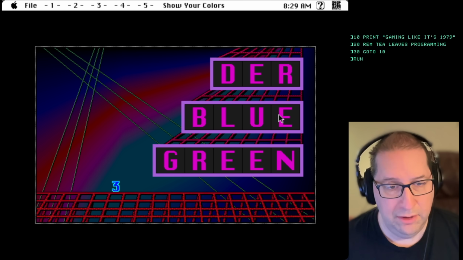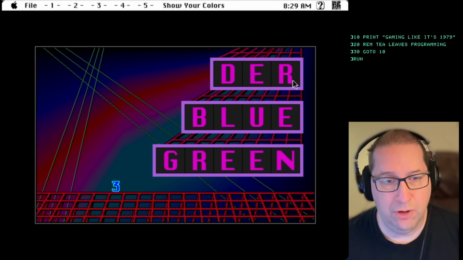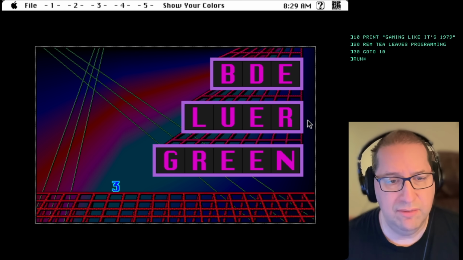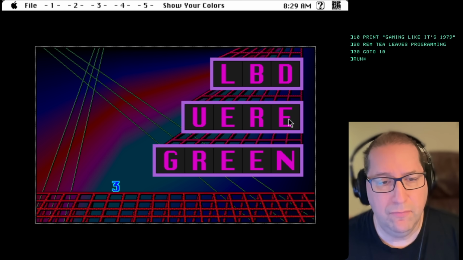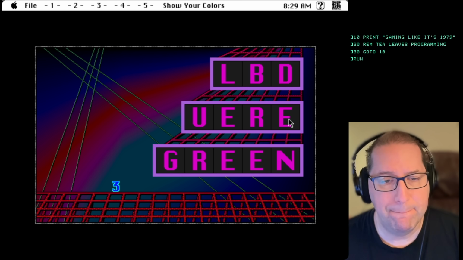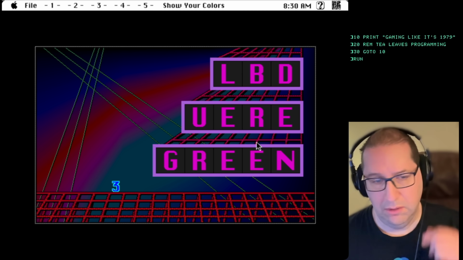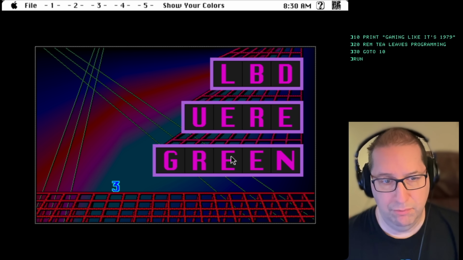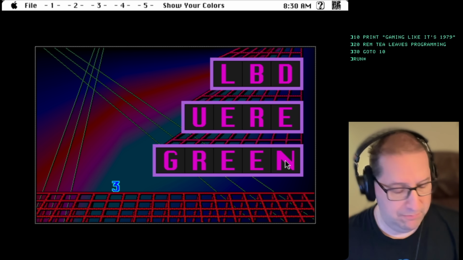And our red is this R and this D need to swap. That may be tricky, but let's see if there's a way to do it. If I move, so this one modifies on the diagonal.